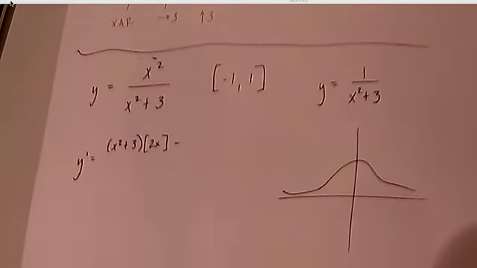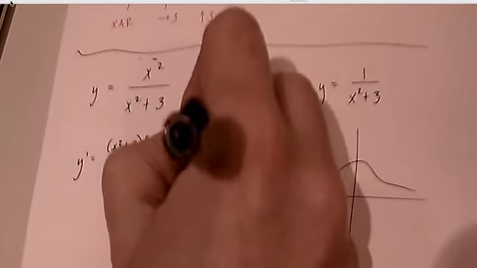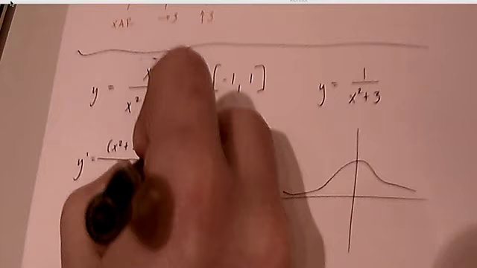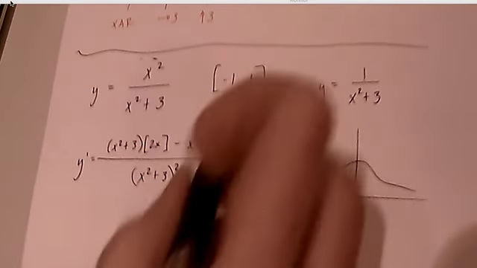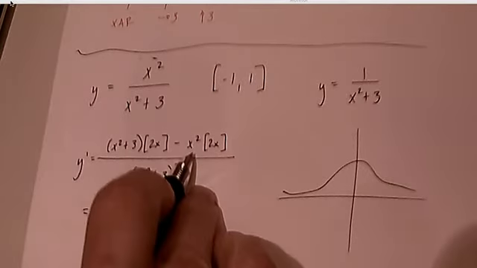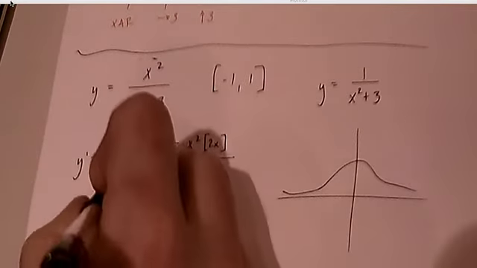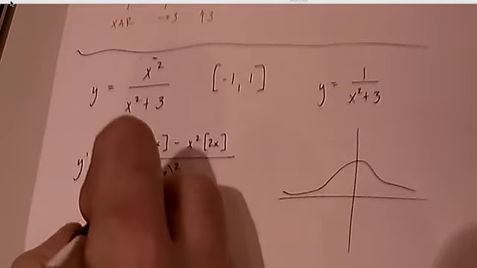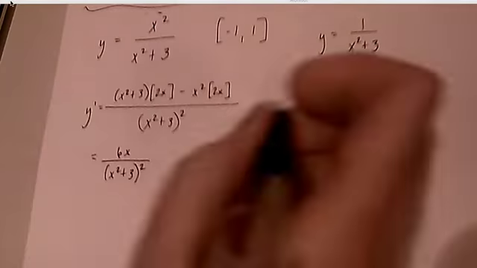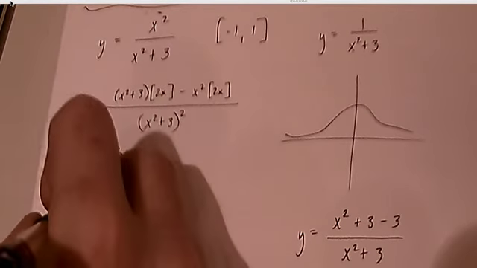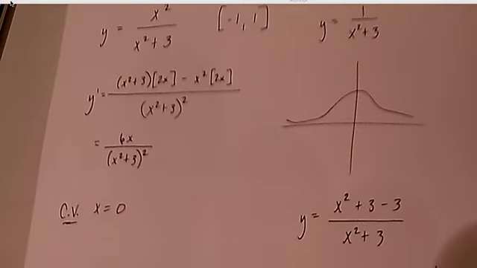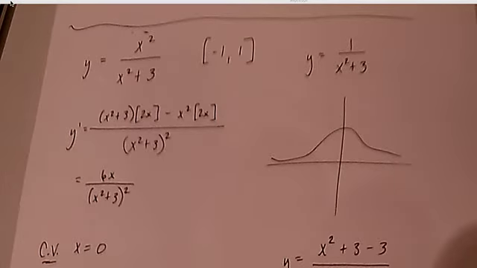The bottom times the derivative of the top minus the top times the derivative of the bottom, all of that over the bottom squared. Now when this distributes, you're going to get 2x cubed and a -2x cubed. Those are obviously going to cancel out, and the only thing left is a linear term, which means, predictably, that your critical value is x equals 0.